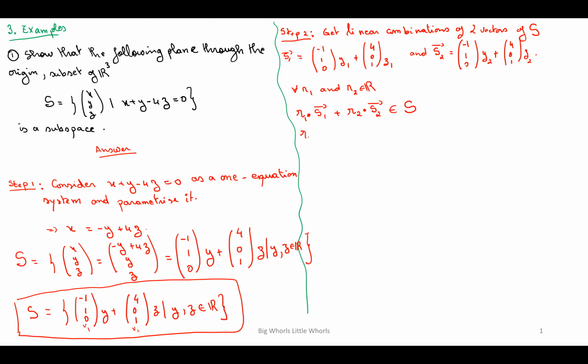So we have r1 dot s1 plus r2 dot s2. S1 is (-1, 1, 0) plus (4, 0, 1) y1, plus, this is r1, r2 dot (-1, 1, 0) y2 plus (4, 0, 1) z2.